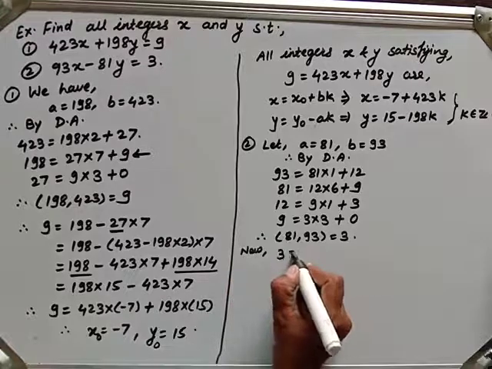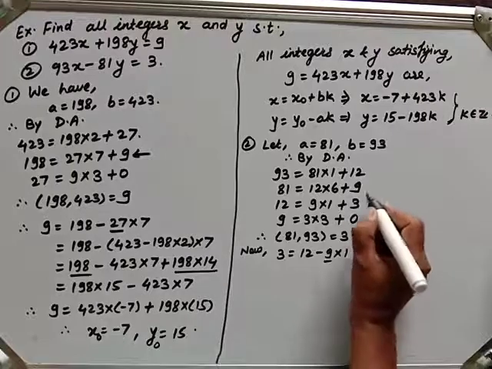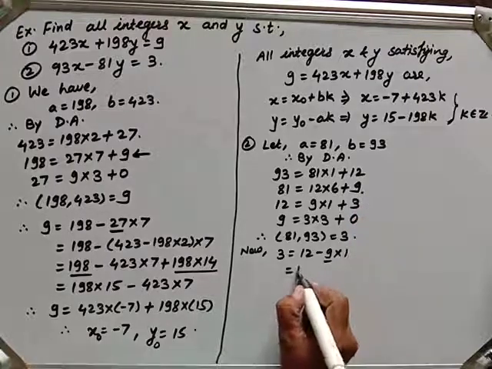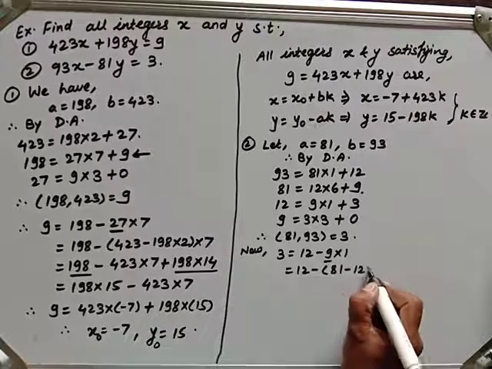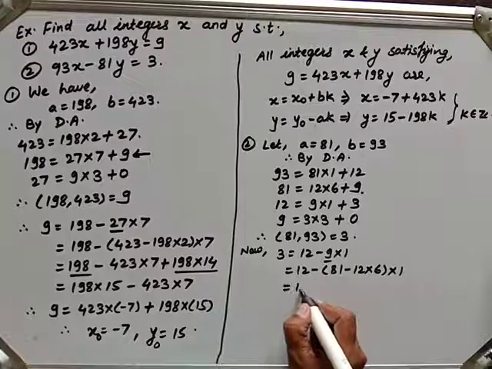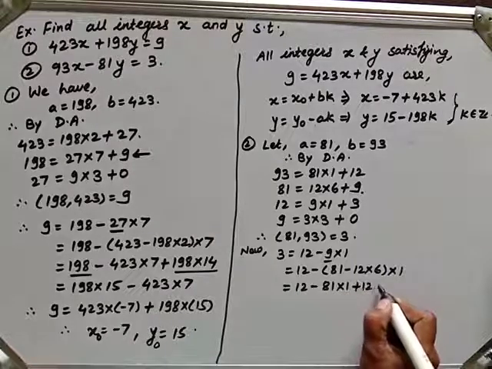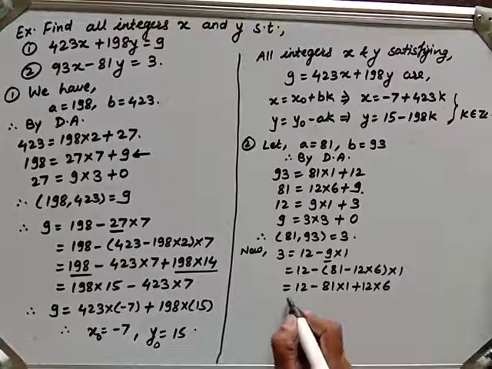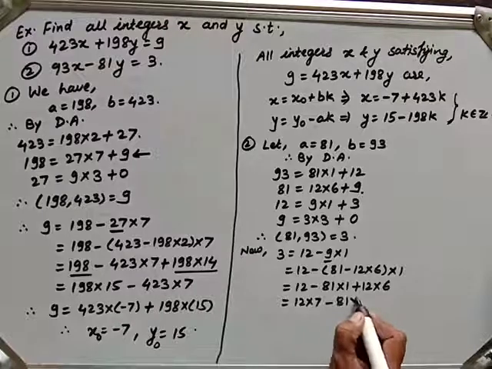Fine. Now 3 equal to 12 minus 9 into 1. Now substitute 9 from this. So it will be 12 minus (81 minus 12 into 6) into 1. So this is 12 minus 81 into 1 plus 12 multiplied by 6. So this is 12 multiplied by 7 minus 81 into 1.